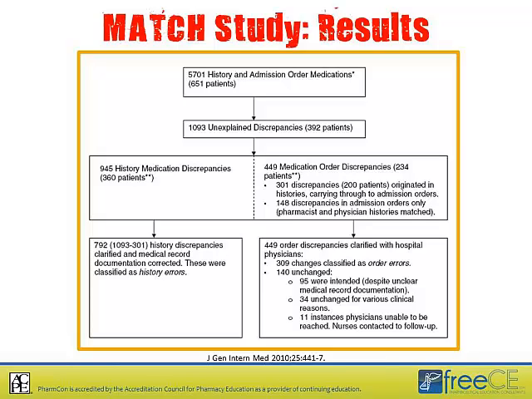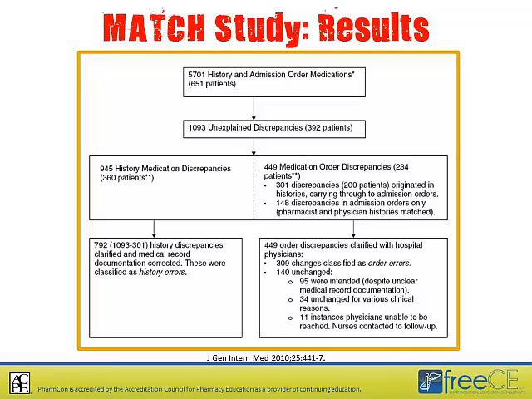In these medication history and admission orders, they found almost 1,100 unexplained discrepancies in over half of the patients, so 392 patients, where there was some discrepancy found between the pharmacist history, the physician history, and then the medications ordered. They then broke them down by history discrepancies and order discrepancies. The history discrepancies follow on the left-hand part of the schematic, whereas the order discrepancies are on the right-hand side of the schematic.